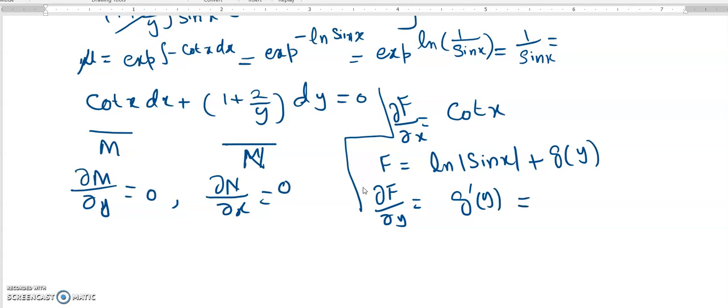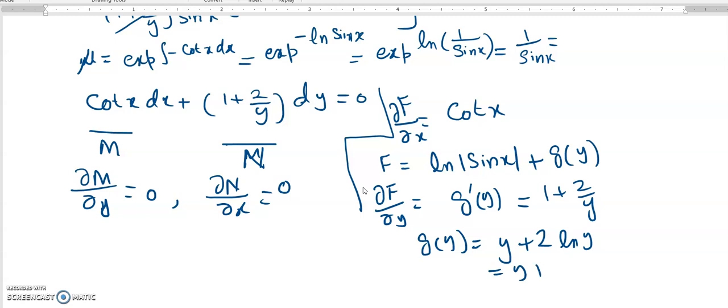This partial f over partial y should be equal to 1 plus 2 over y. From here we can find g of y by integrating with respect to y. It will be y plus 2 log of y, and you can take the 2 inside, so it becomes log of y square.